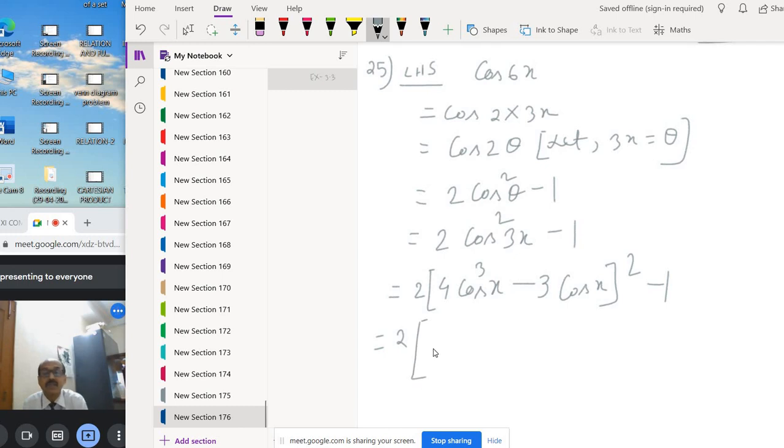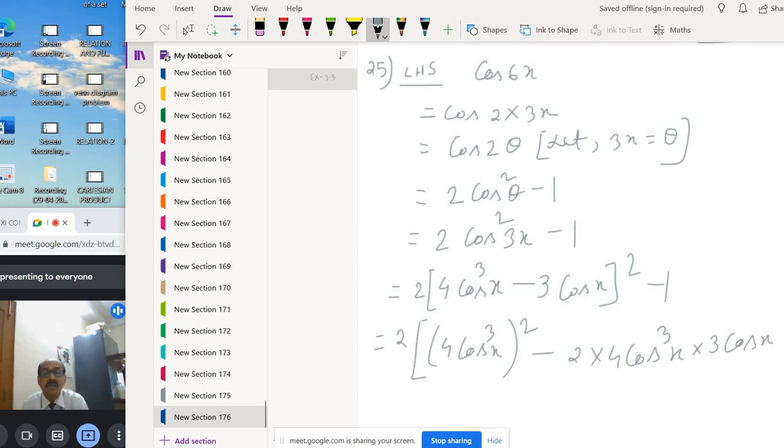a square first, so 4 cos cube x whole square, minus 2ab. 2 into a means 4 cos cube x, 2a into b means 3 cos x.